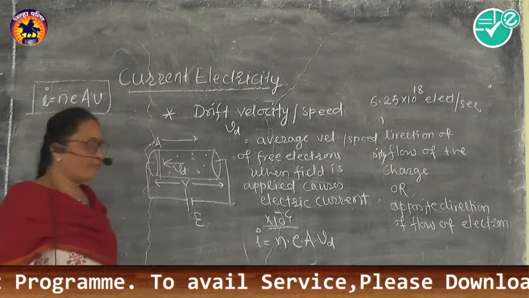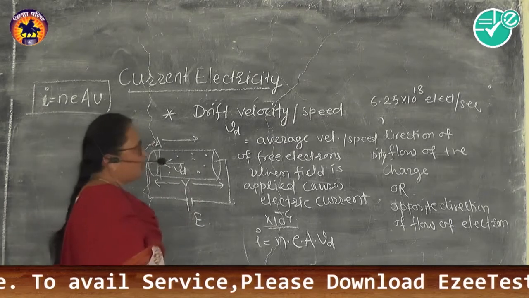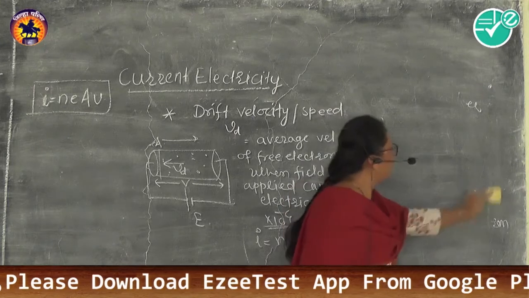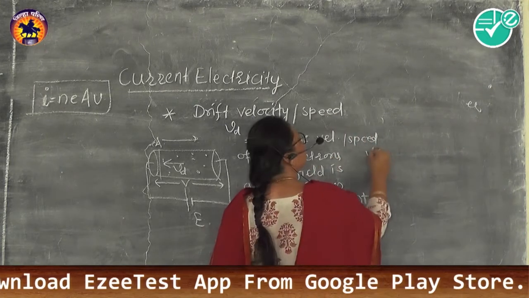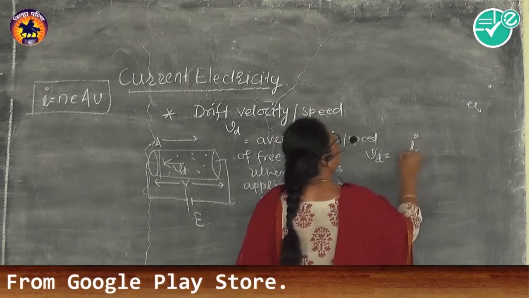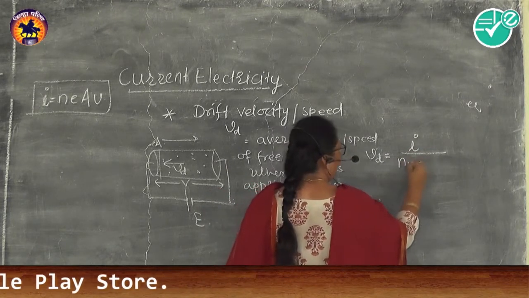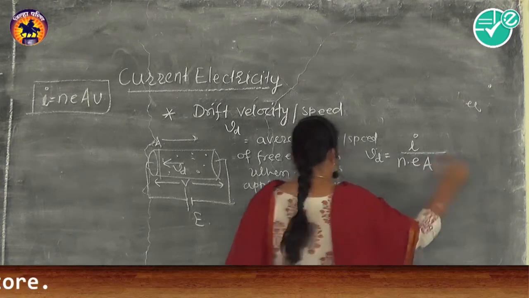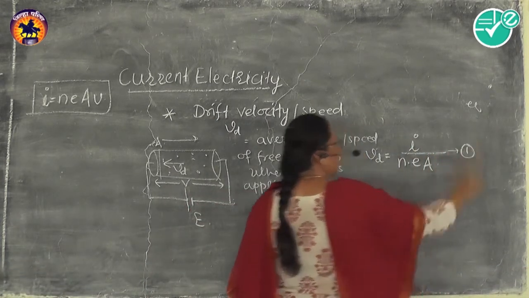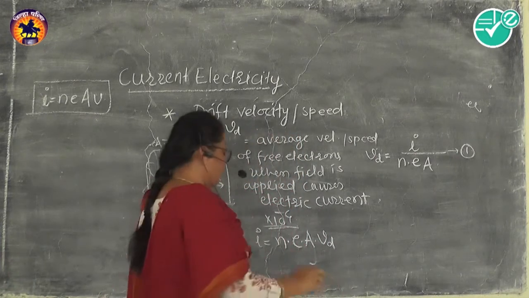From that relation we can write the basic first relation for drift speed: Vd is equal to current divided by N into E into A. So this is equation number 1, which represents drift speed.